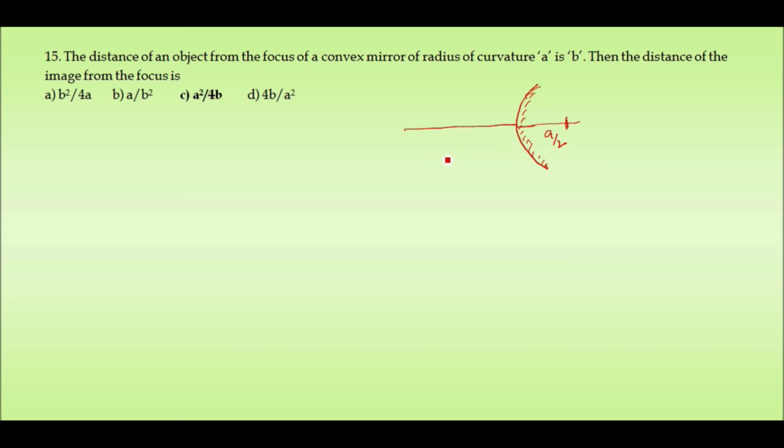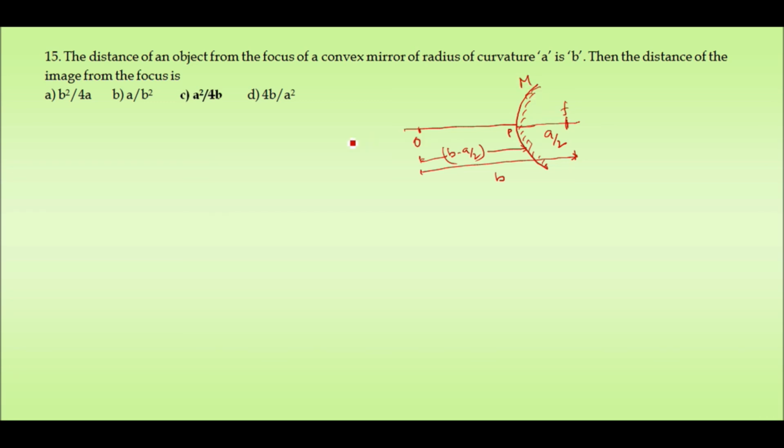The distance of the object from the focus of the convex mirror is b. Suppose the object is placed at this location, then this distance is equal to b. So the distance of object from the pole is b minus a by 2. Now an image is formed between the pole and the focal point.